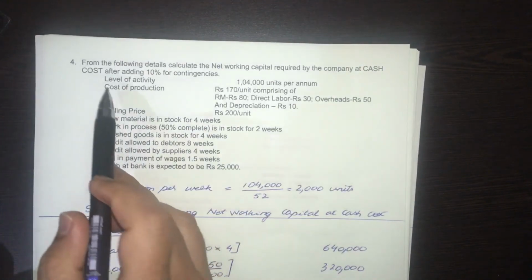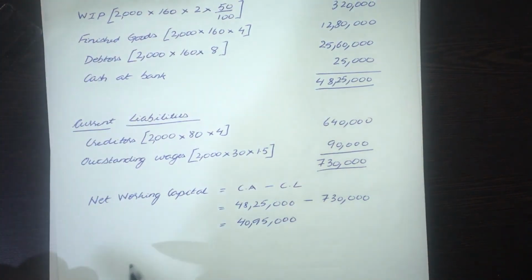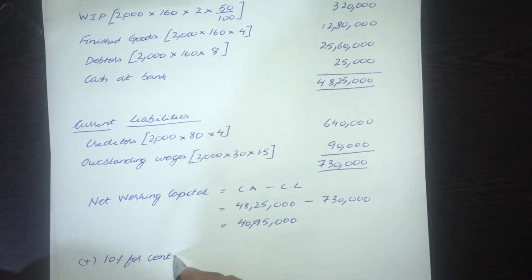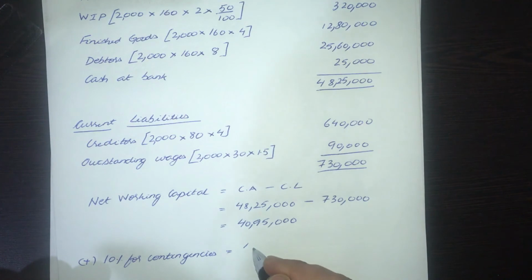Plus you have to add, see here, 10% for contingencies, which equals 4 lakhs 9,500.